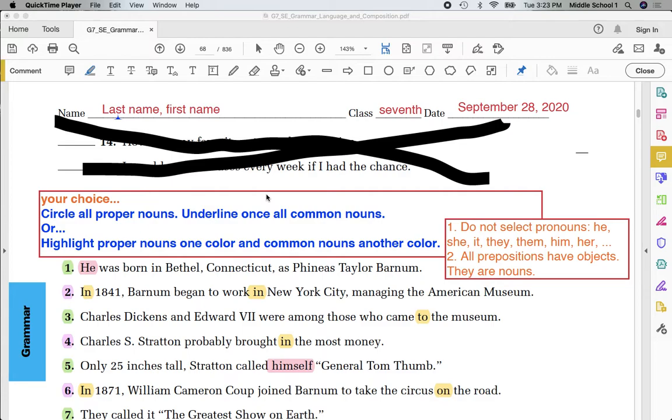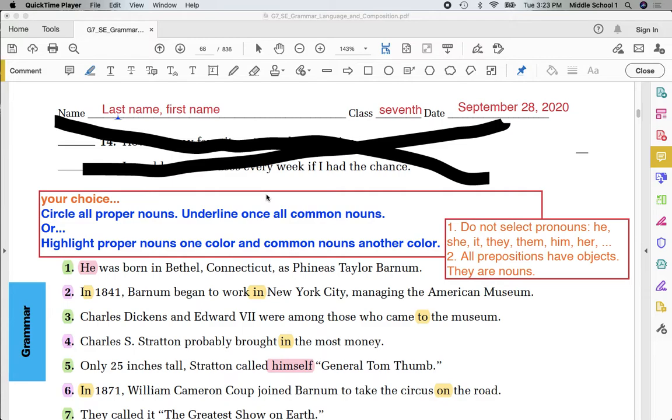Circle all proper nouns. Underline all common nouns. Or, if you'd like to use highlighters, use 2 different colors.